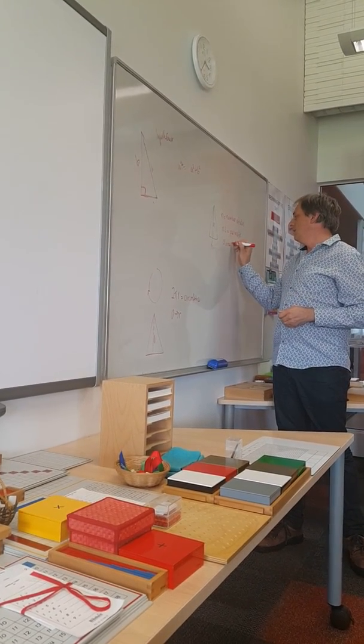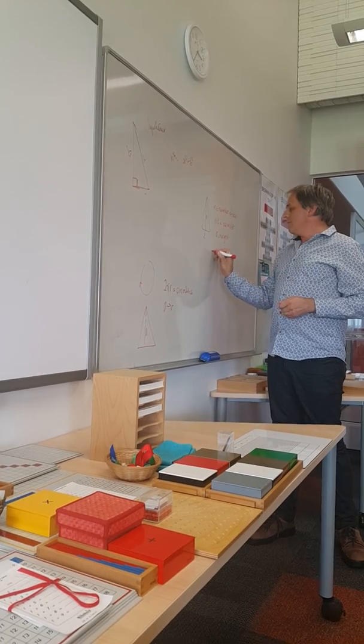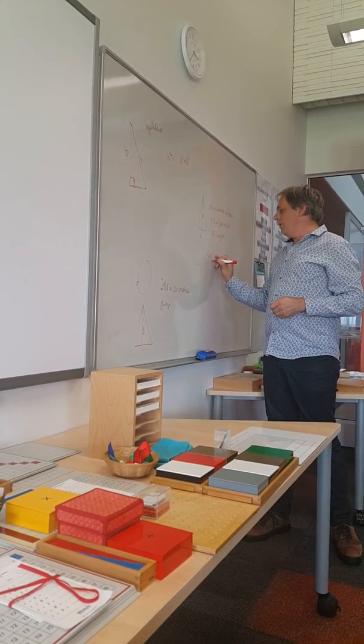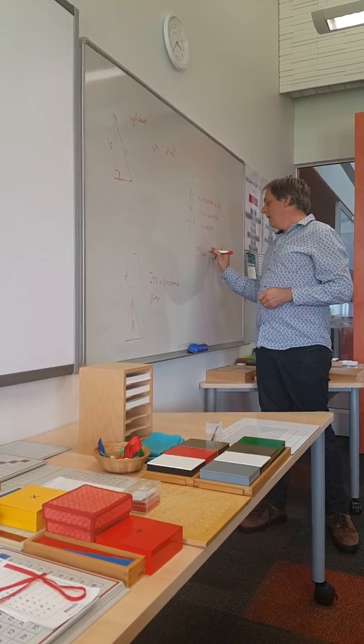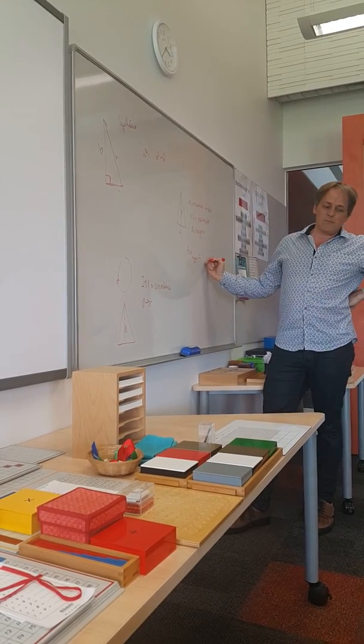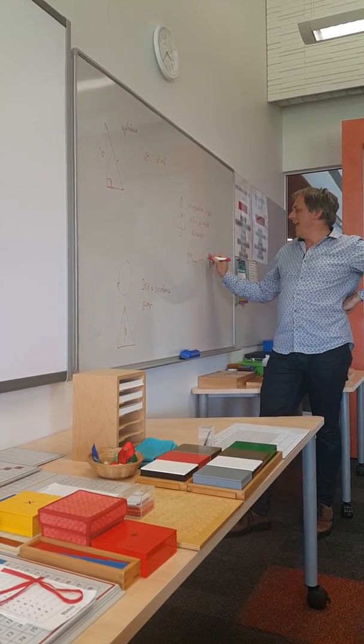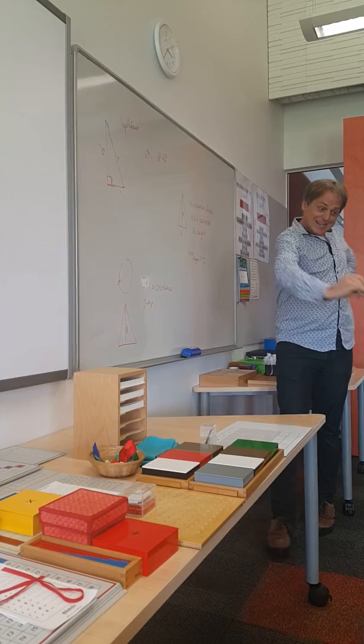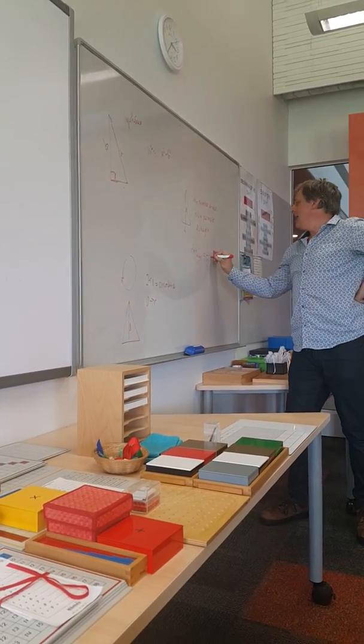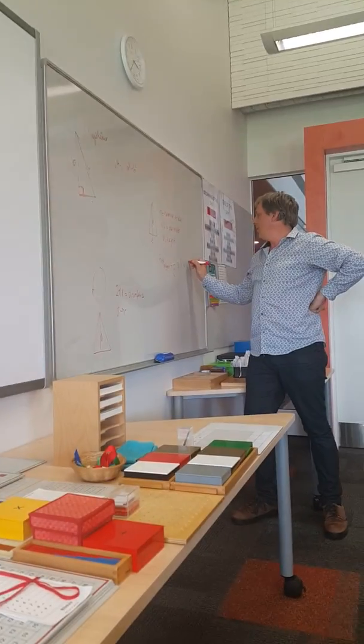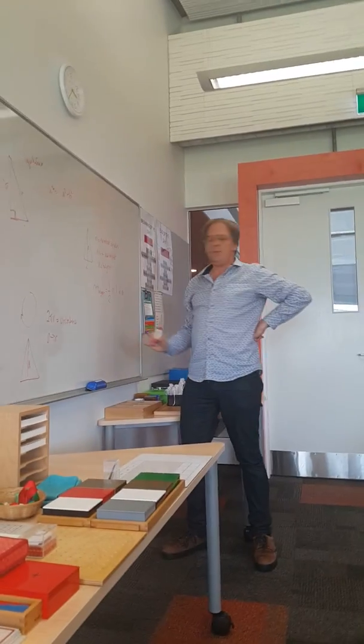So the area of a polygon is given by half the perimeter, n times L, times the apothem.